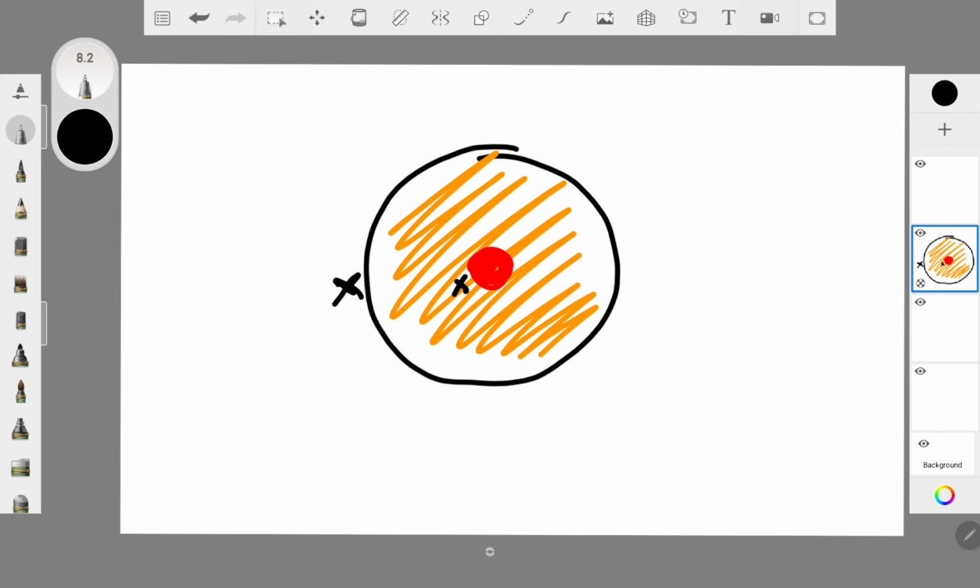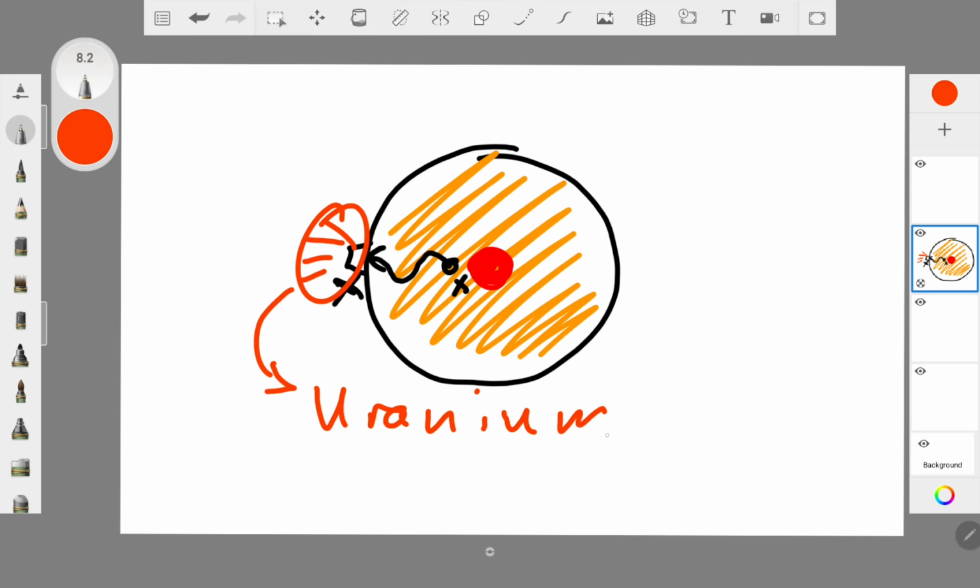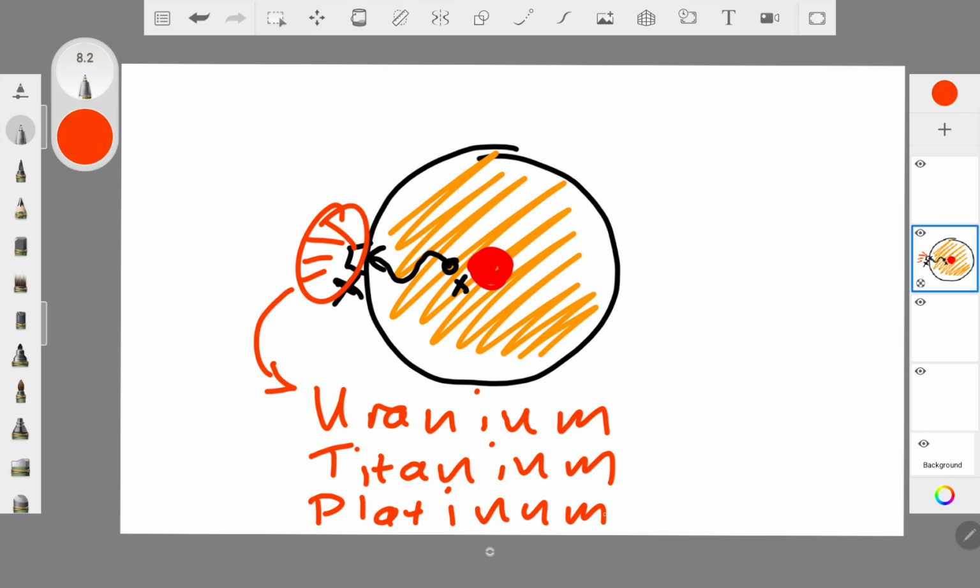So what happens is sometimes this mantle will get really hot. It will carry these rare materials up to the surface where you get things like volcanoes. Which means when you get volcanoes and they cool down, all of the lava will be full of rare elements, things like uranium, titanium, platinum, gold, etc. You don't need to remember the exact elements.